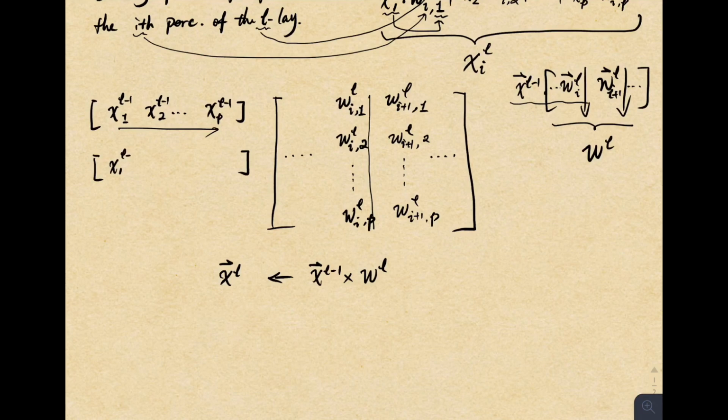X1 L minus 1, but this is the first row. Let us call it the second row, and that is X2 L minus 1, until XP L minus 1. But remember, this is another row.